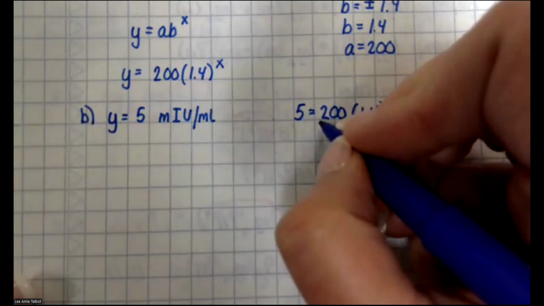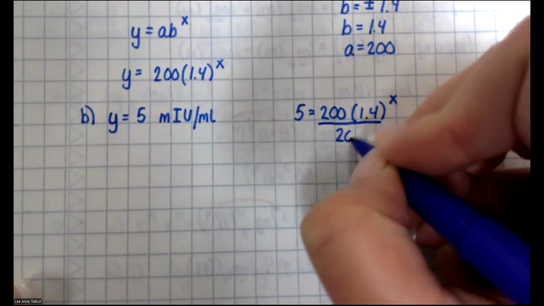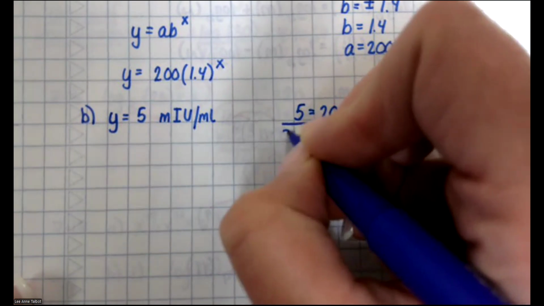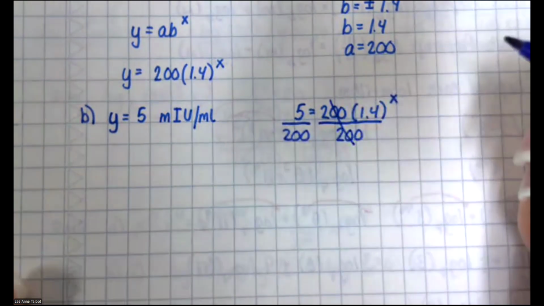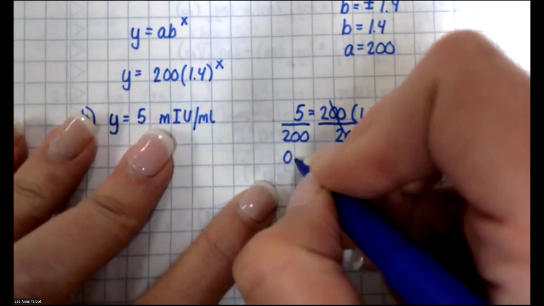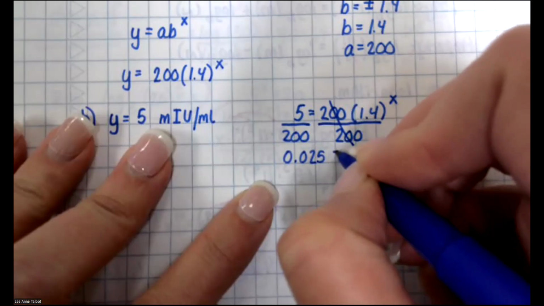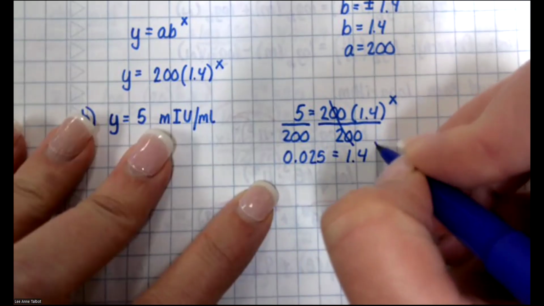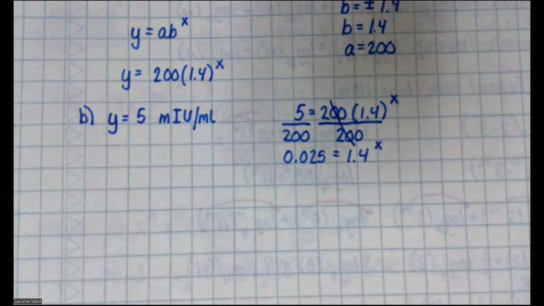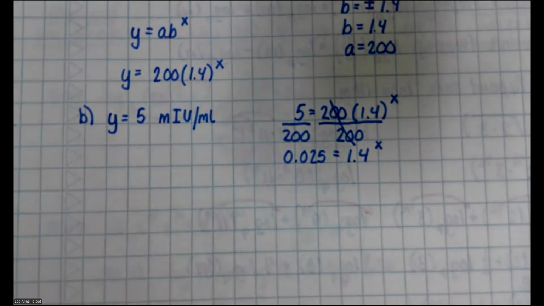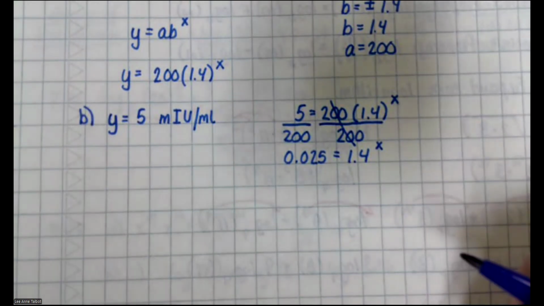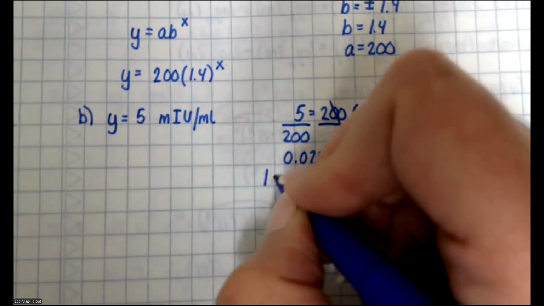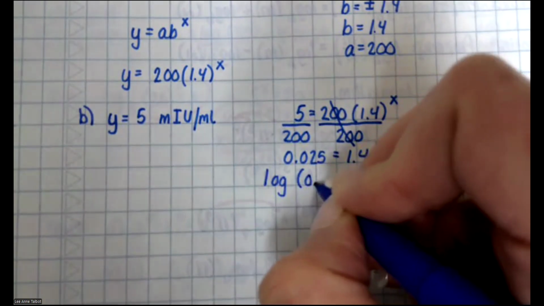So divide by 200 first. Always divide first. You could do it in a fraction if you want to. I'm just too lazy. Okay, now I'm going to hit it with a log on both sides.